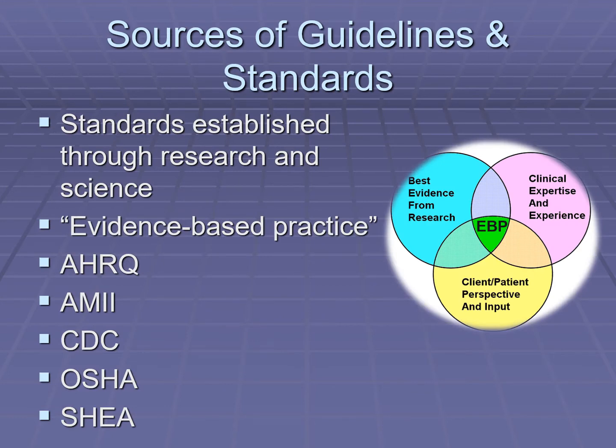So, sources of guidelines and standards. There are these rules and regulations that we've been talking about for some time now, as far as aseptic technique and principles and practices. And these standards are established through research and science.